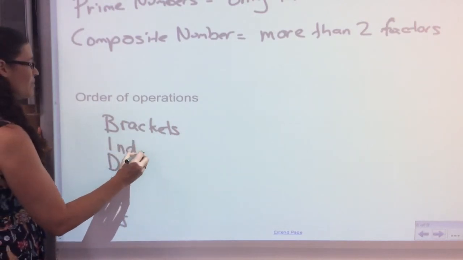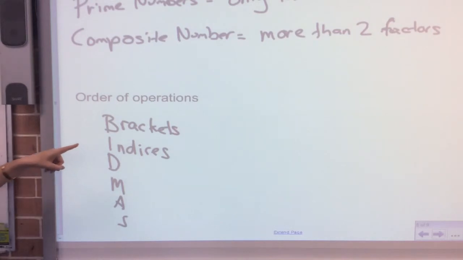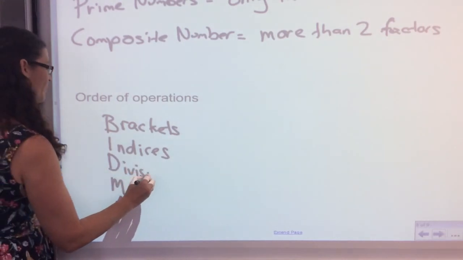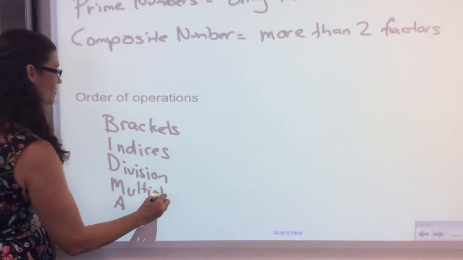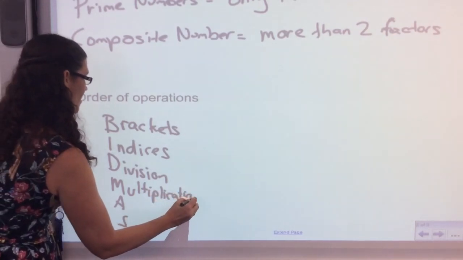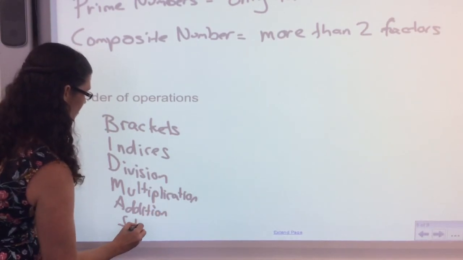What's indices a fancy word for? That's a fancy word for powers. What's D? Division. M is multiplication. A is addition. And S is subtraction.